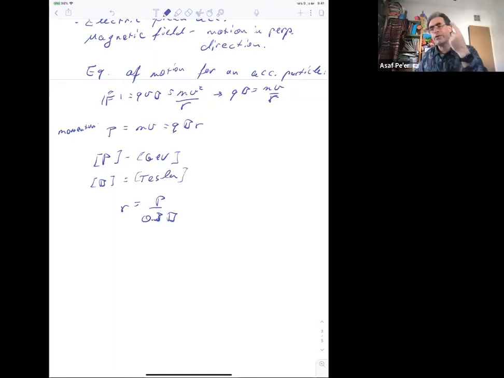If you take a particle, you should have seen that in one of your E&M courses, maybe advanced E&M. If you take a particle and it's rotating, so it's accelerating, you have a charge that accelerates, essentially. A charge that accelerates emits radiation. And if you have a charge that accelerates in a magnetic field, which forces the charge to go in a circle around the magnetic field, then what type of radiation is going to get out?